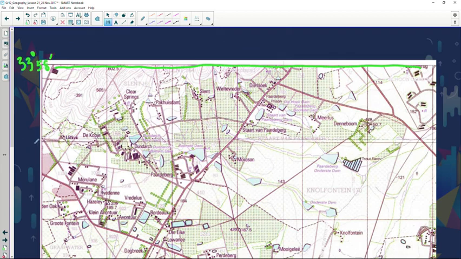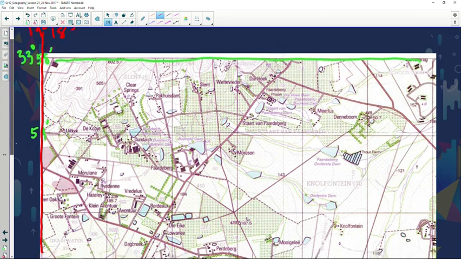This is going to be 59 minutes. Let's quickly fill in our lines of longitude. It's our vertical lines. Let's say it's 19 degrees, 18 minutes. Now each grid represents a minute. So that's 58 minutes, 59 minutes.